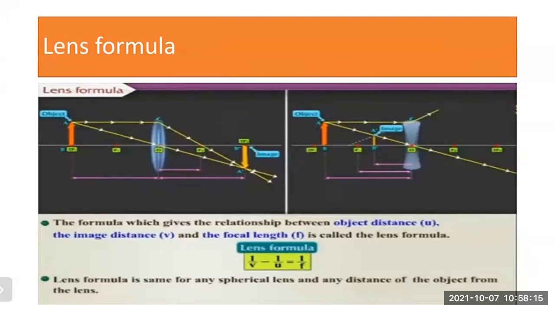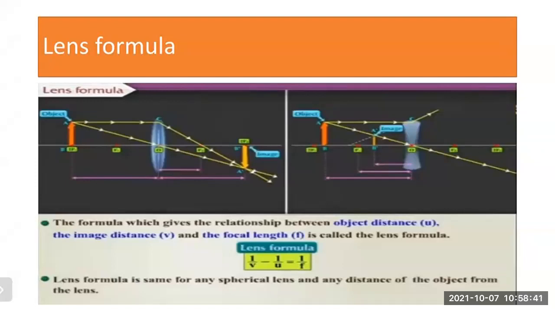The formula which gives the relationship between the object distance u, the image distance v, and the focal length f is called the lens formula. The lens formula is the same for any spherical lens and any distance of the object from the lens.